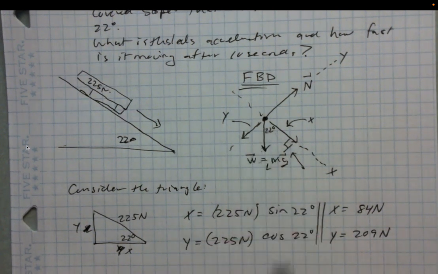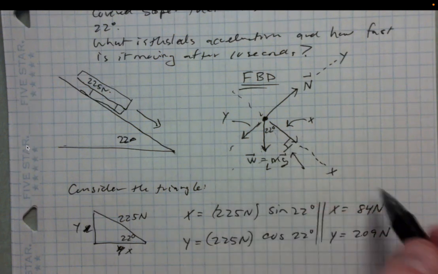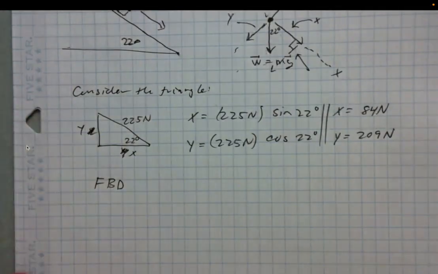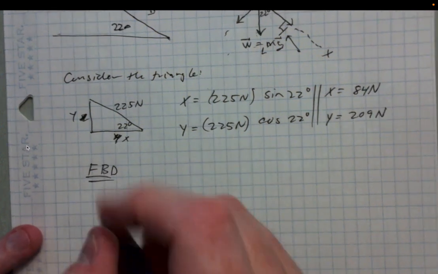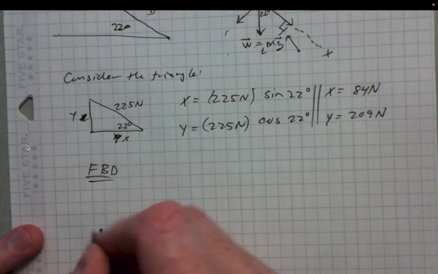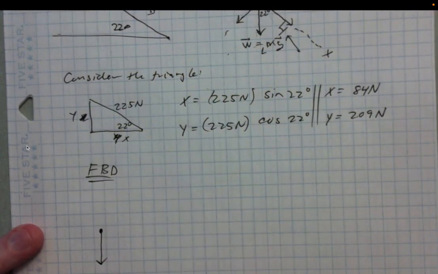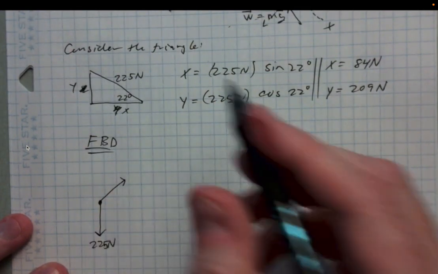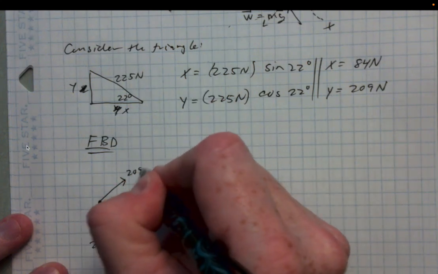So then let's take this information and put it onto the free body diagram. So let's kind of revisit that with the new information. All right, so now we have the sled. We've got the weight of the sled, 225 newtons. We've got the normal force of 209 newtons.